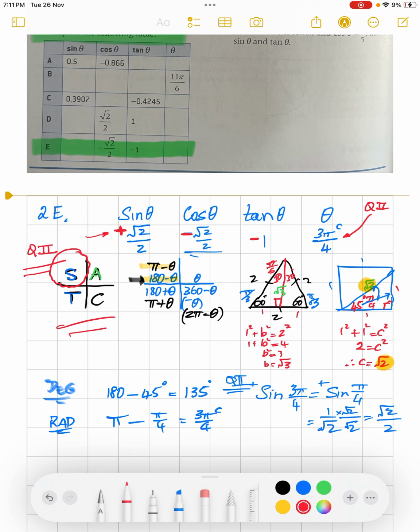And in the second quadrant, the angle is pi minus pi over 4, which is 3 pi over 4. And then we find sine of 3 pi over 4. Sine of 45 degrees in our square, opposite over hypotenuse, 1 over root 2, or root 2 over 2, and positive because it's quadrant 2.